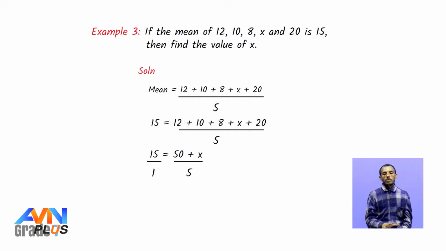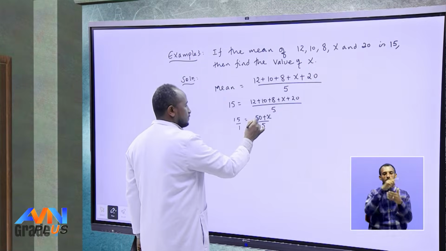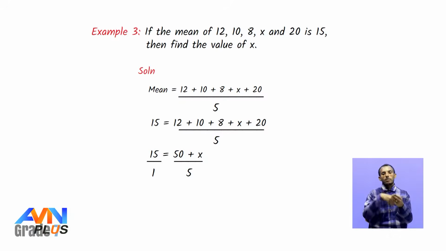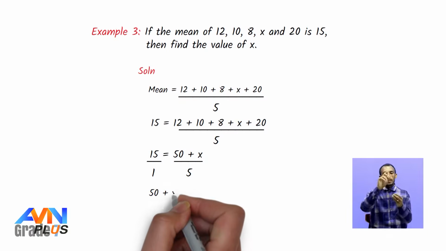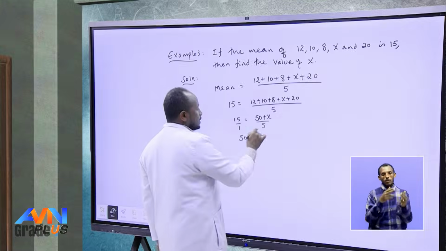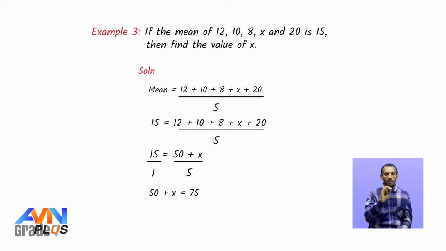To find the value of x, you apply cross multiplication. 50 plus x times 1 is 50 plus x, and 5 times 15 is 75.